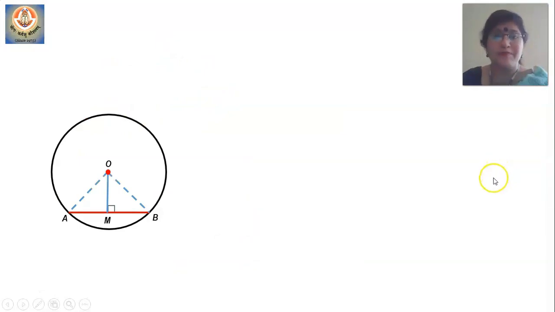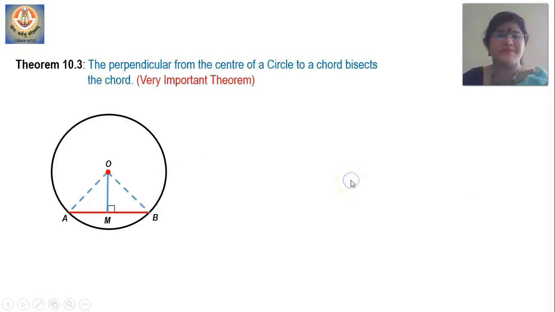Okay, now here we come to a very important theorem, because there are a lot of questions which are based on this theorem. Let us see what the theorem is. Theorem 10.3 of your textbook. The perpendicular from the center of a circle to a chord bisects the chord.